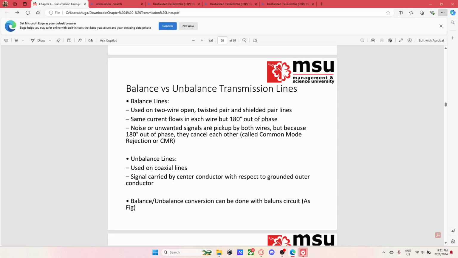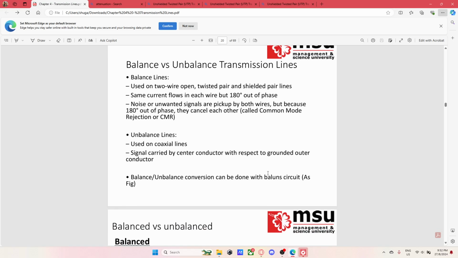Okay. But the unbalanced line is used in coaxial lines, the last cable transmission line we saw in the previous video. The signal is carried by the center conductor with respect to the grounded outer conductor, and balanced and unbalanced conversion can be done with a balanced circuit as in the figure.